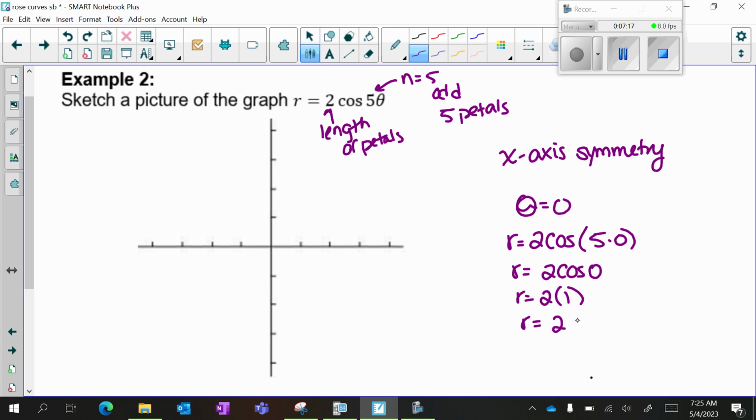So 2 times 1 gives me 2, which means my first petal is here on the positive x-axis. So now I have to have 5 petals total. I already have 1, which means I need 4 other ones. And remember that it has to have symmetry over the x-axis. It's harder sometimes when you have bigger amounts of petals to sketch, but it's going to look something like that. So let's move on.